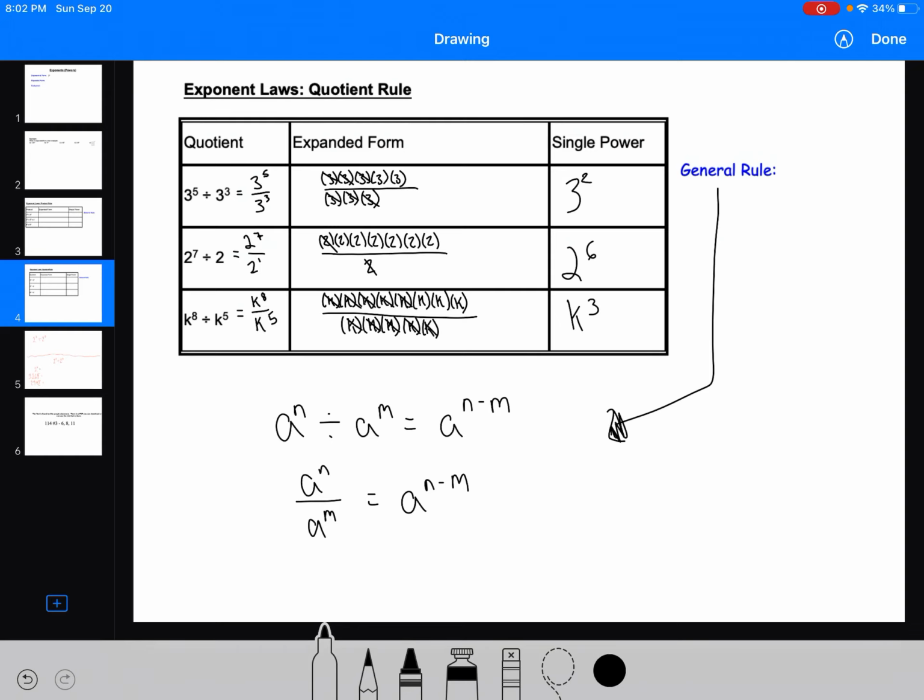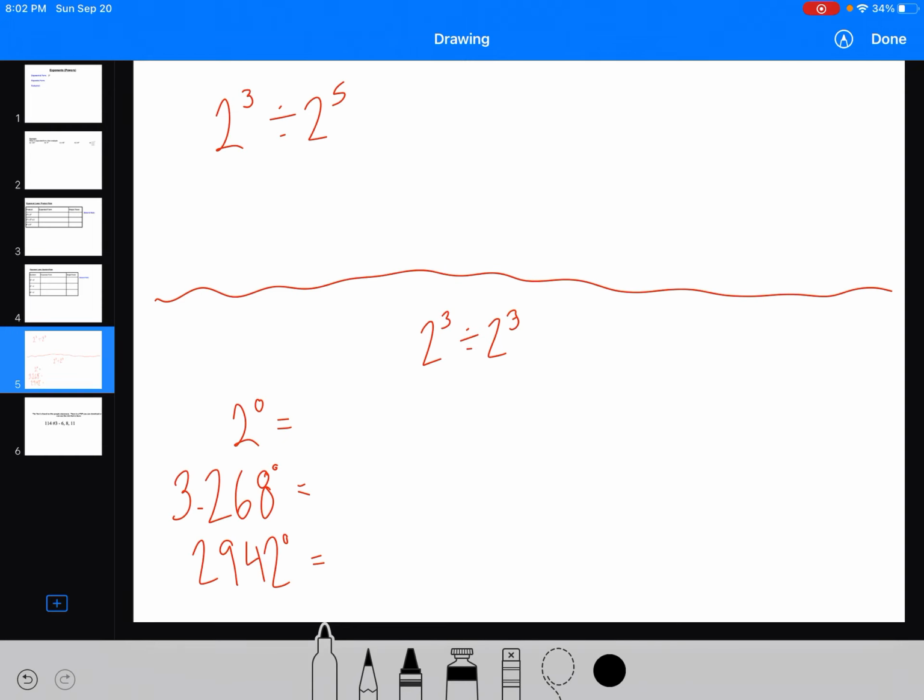Now, one thing that we should note is sometimes this is going to give us a negative exponent. A lot of people get a little bit confused on how to deal with that. Well, when we're dealing with that, if we were to look at this first question we could do 2 times 2 times 2. This is if we were to write it out the old way.